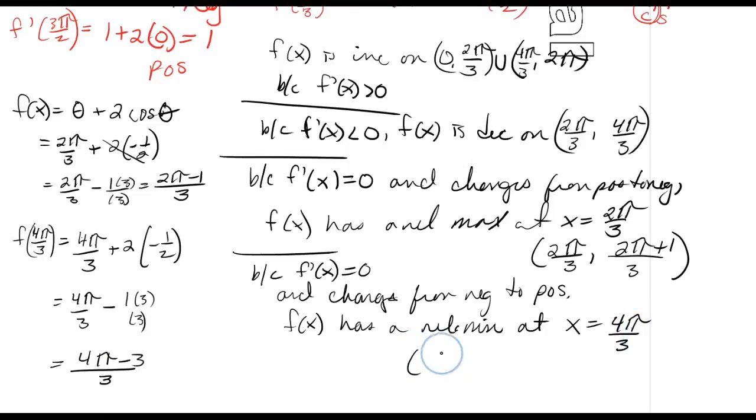So my coordinates are 4 pi over 3, comma, 4 pi minus 3 over 3. And I believe up here that this should have been 3, back here should have been 3.